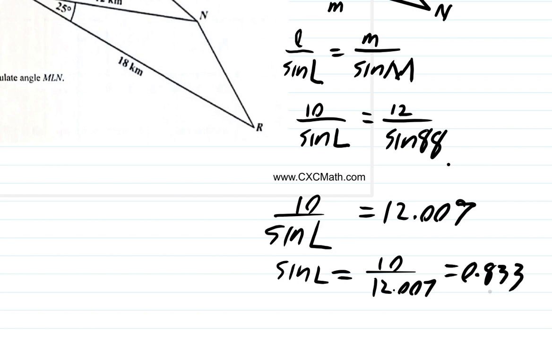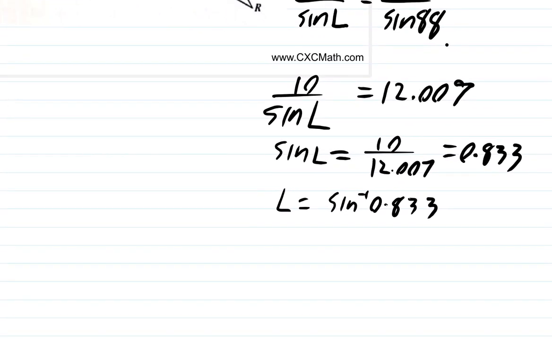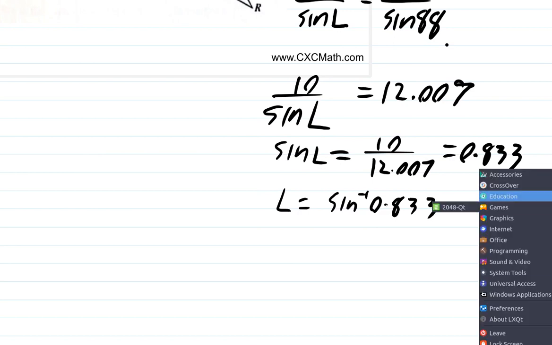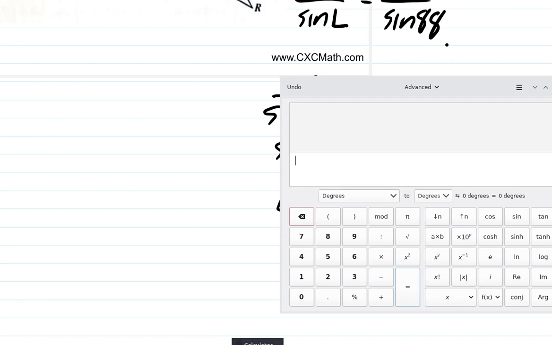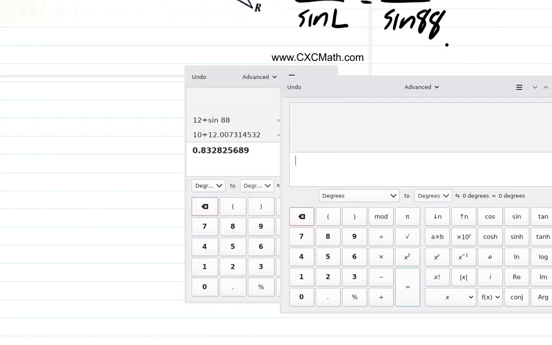0.833. We're keeping to at least 3 decimal places while we're working out. When we finish the calculation, we can round off to less than 3. So, since sine L is 0.833, then L equals sine inverse of 0.833. What does that amount to? So we're going to find the sine inverse of 0.833.